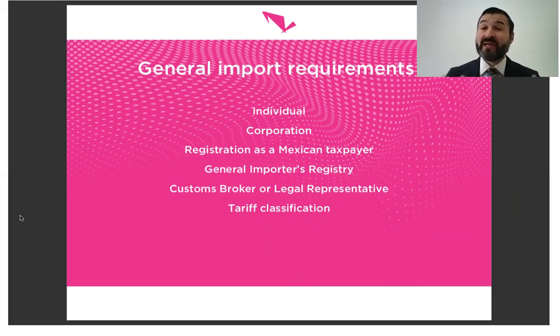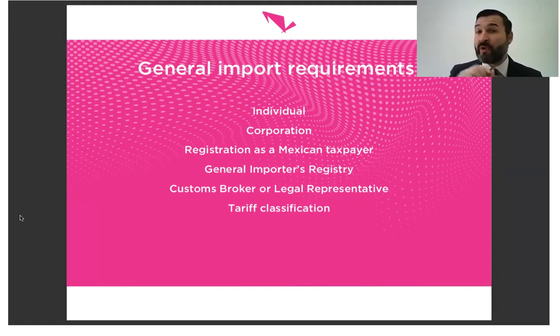And also, it is very important to mention that the Mexican Tax and Customs Authority are linking every and all customs obligations to keeping and maintaining this import registry.